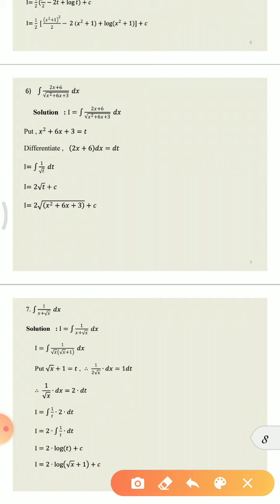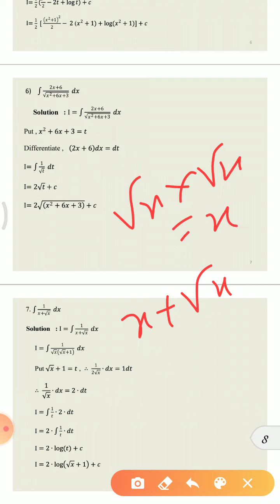Solution: I is equal to the integral of 1 upon (x + root x) dx. If root x is taken common here, because root x into root x is equal to x, that means x is root x into root x, plus root x.